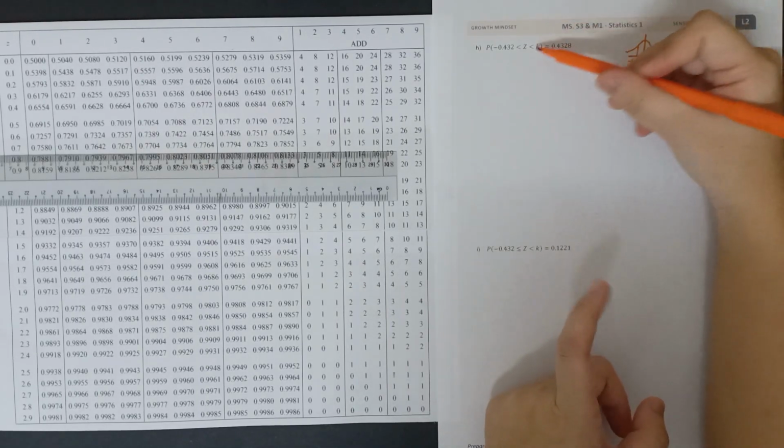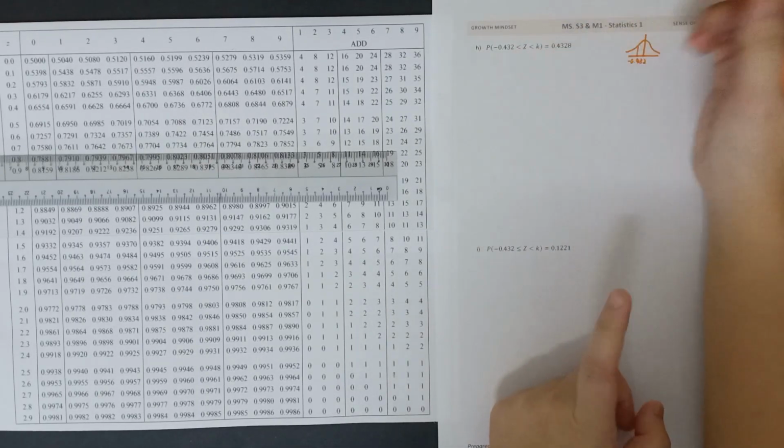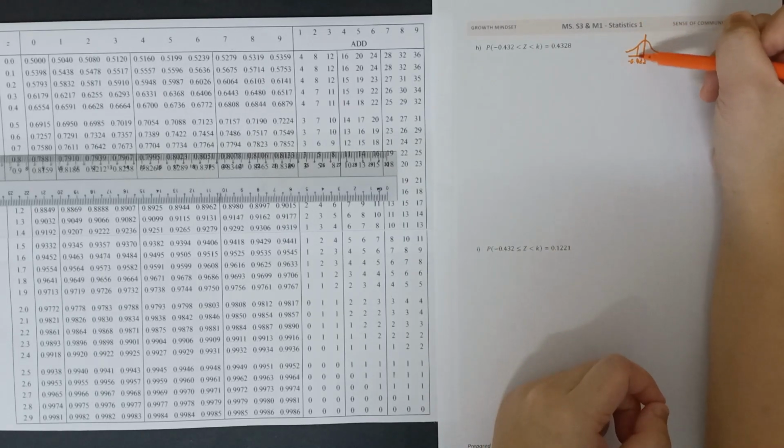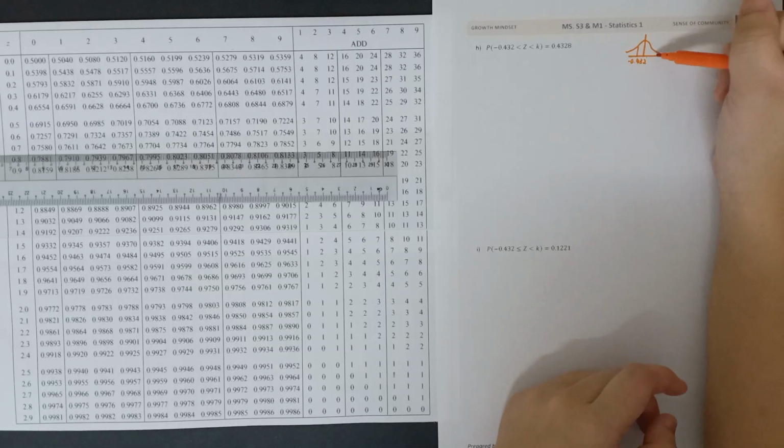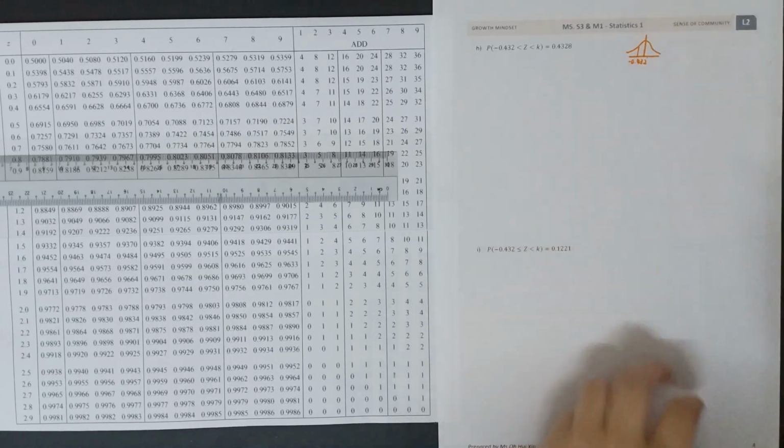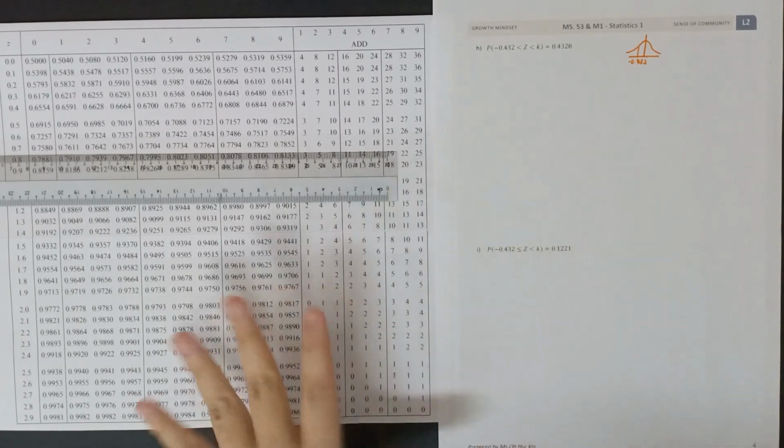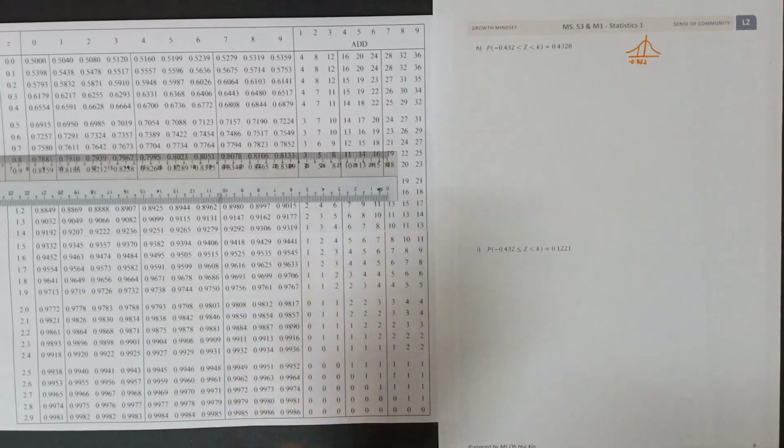So you have an idea that you can either label your K on the negative side or label your K on the positive side. So how do you know that? Whether your K is positive or negative is going to affect the process that you are going to do when you want to solve this question. So that is why it is very important for you to know where your K is.